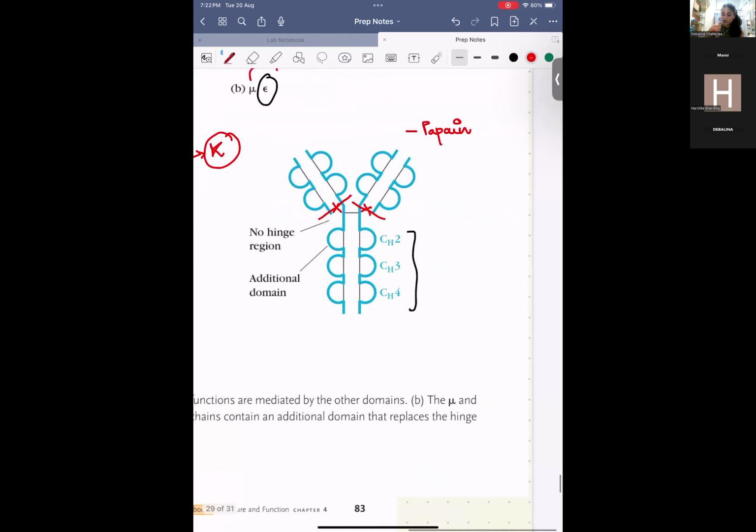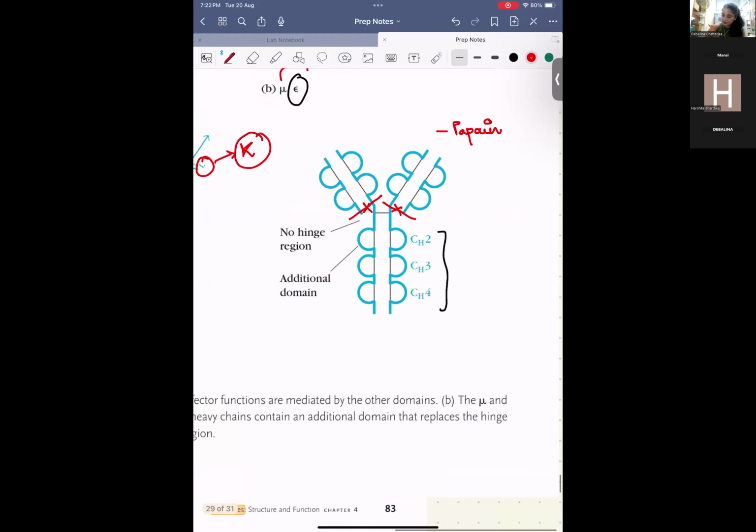Papain digestion gives two fragments: one fraction that could bind antigen, called the FAB fraction, and a crystallizable fraction called the FC, which is the constant region. The name comes from the fact that this fraction could be crystallized but could not bind antigen.